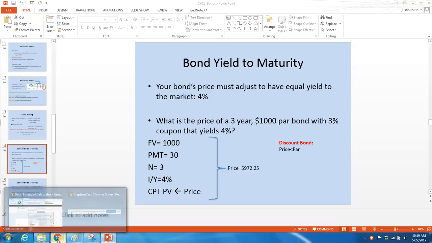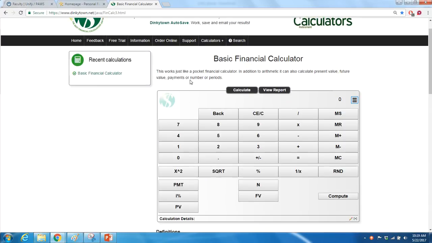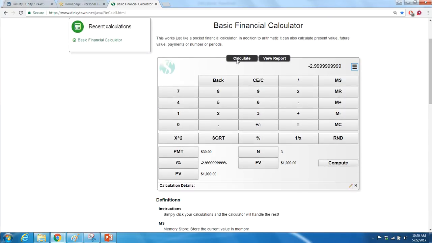So let's go to our calculator. I have a $1,000 future value, 3 years, $30 payment, and the current bonds are going at 4%. So we can compute the present value to see that the bond will be priced at $972.25.